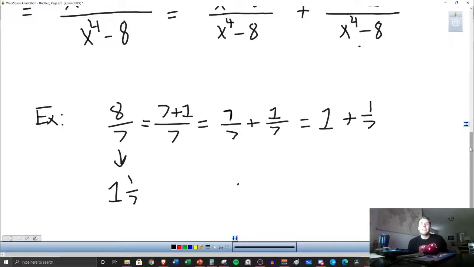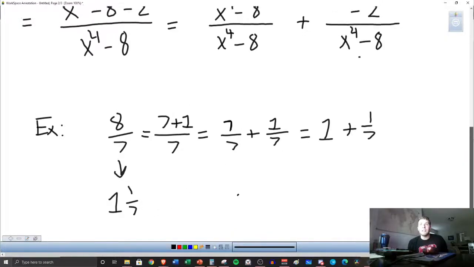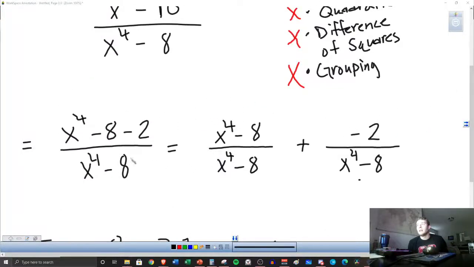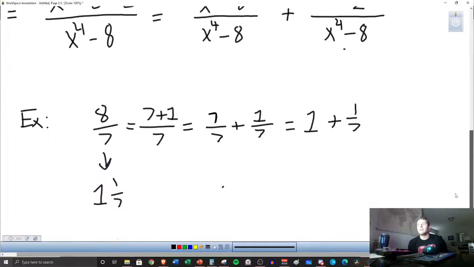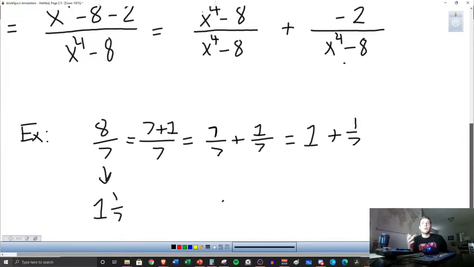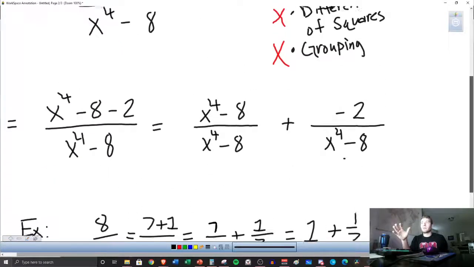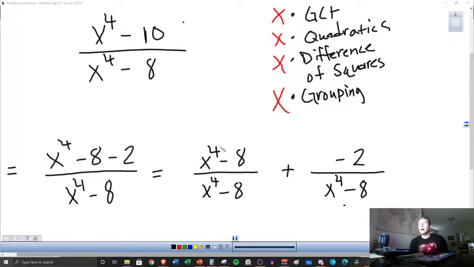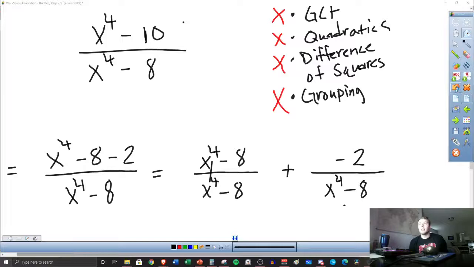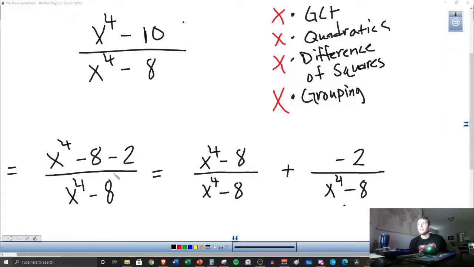So this reasoning with fractions, again, everything looks more complicated when you put variables in here, but hopefully that basic example down there works parallel with what we're doing up here. I am splitting apart this top fraction to get a common factor, because it will divide and be 1 there. So that works. And now I've split it.